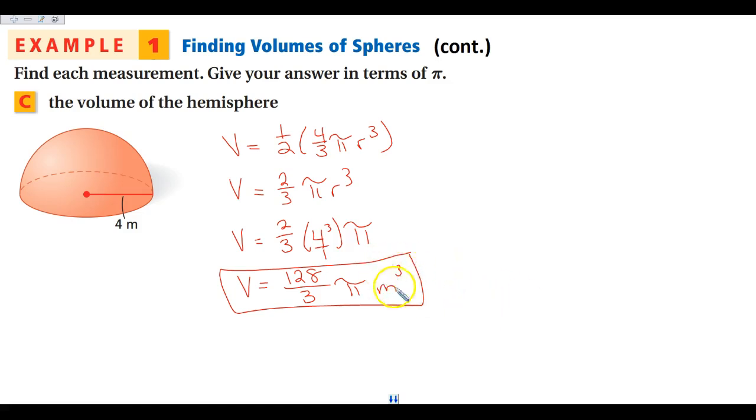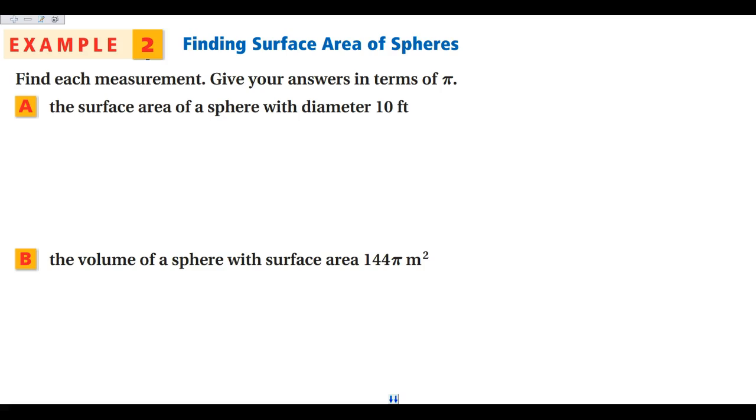Okay, so volume is cubed, so make sure you have, again, your correct unit. All right, let's take a look at surface area. Okay, my formula for surface area is 4 pi r squared. So if my diameter is 10, that means my radius is 5. All right, so again, my surface area formula is 4 pi r squared.